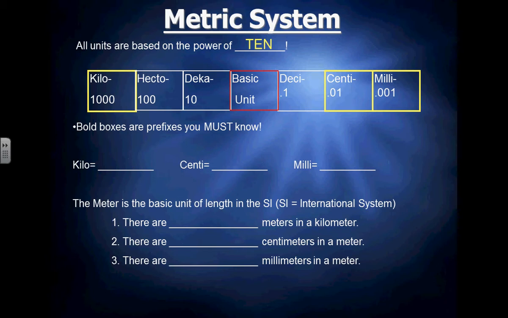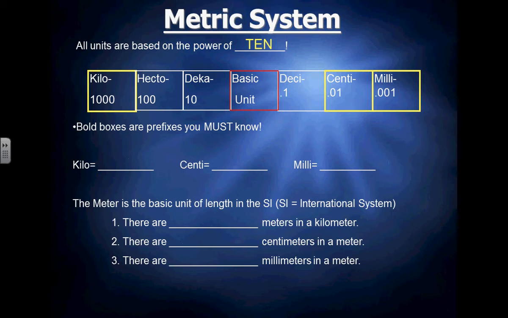So kilograms to milli. 1, 2, 3, 4, 5, 6 places to the right. 1, 2, 3, 4, 5, 6. So equals 5,699,105 milligrams. So again, we're moving our decimal right or left depending on which unit we're converting for.